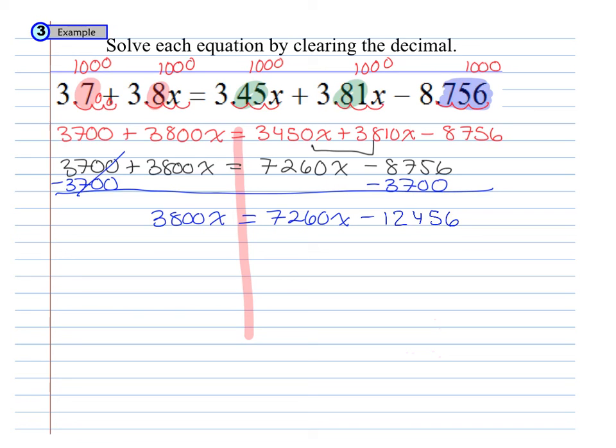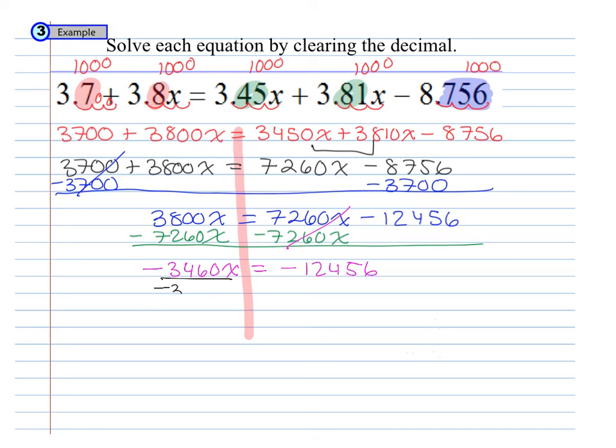I'm going to subtract the 7,260x to the left side. Since these are opposite signs, I'm going to subtract and keep the sign of the bigger number. So my answer should be negative. So I'm going to have negative 3,460x is equal to, that becomes a 0, negative 12,456.